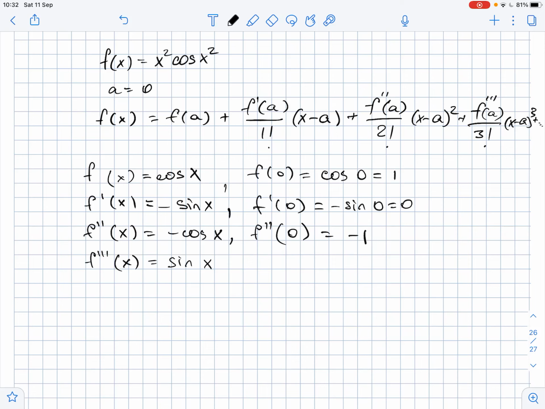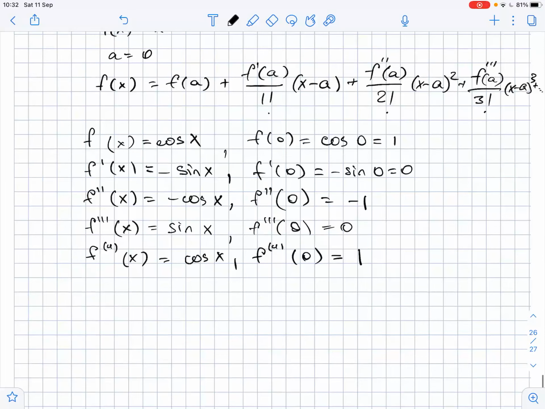The third order derivative of f of x equals sine of x, then the third order derivative of f of 0 equals 0. The fourth order derivative of f of x equals cosine of x, then the fourth order derivative of f of 0 equals 1.